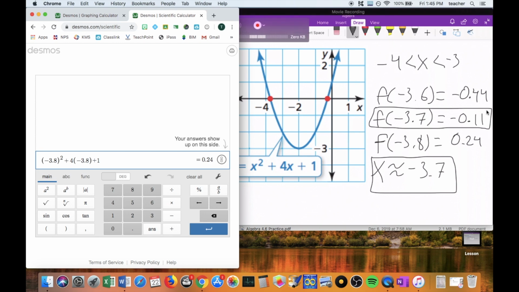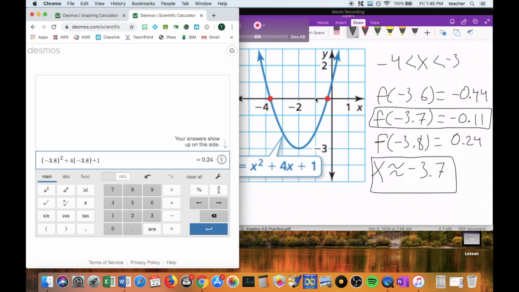And now I'm going to do the same thing for this point. And luckily I have my function form right here, so all I have to do is plug in some numbers. I think this is much closer to 0 than to -1. So I'm going to guess maybe -0.3. Since I can kind of tell that the x value of my vertex is -2, -0.3 is the same distance away from -2.